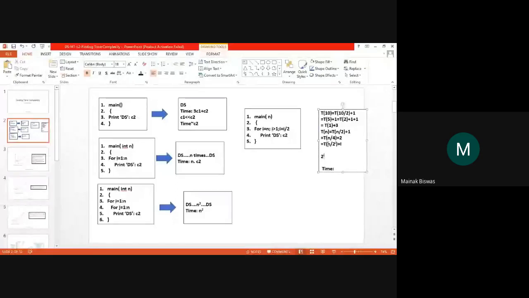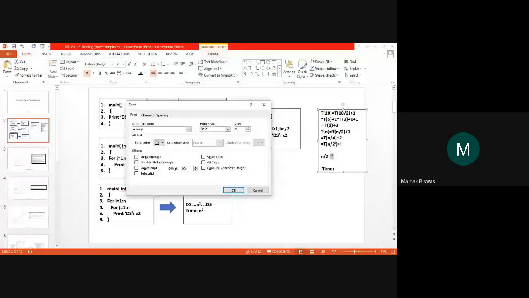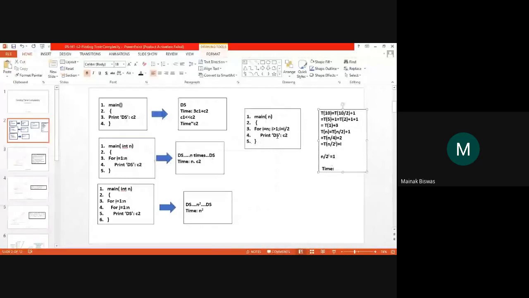So n by 2 to the power I becomes 1, and at that point the program will not run. So what is the value of I in here? If we take 2 to the power I to this side and take log of both sides, I's value becomes basically log base 2 n. This will be substituted.